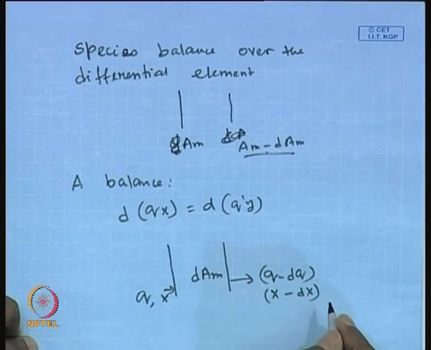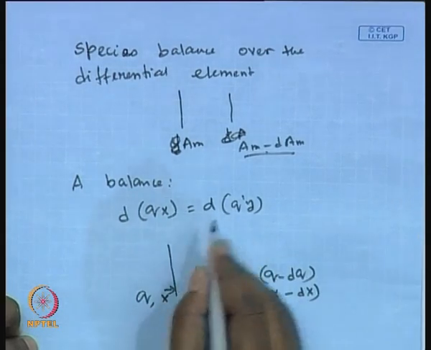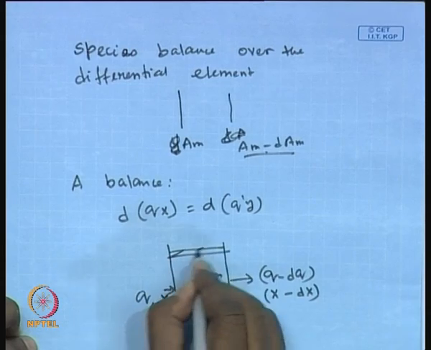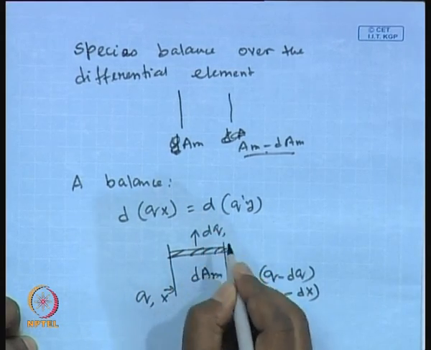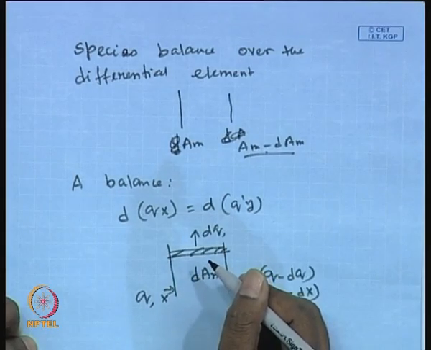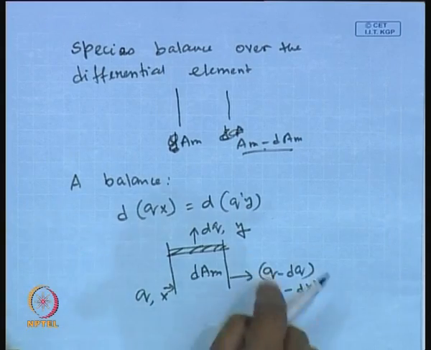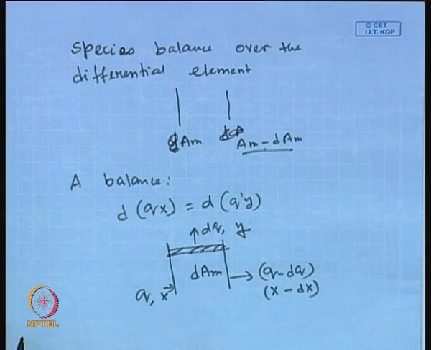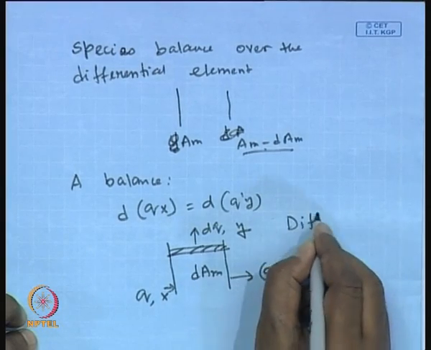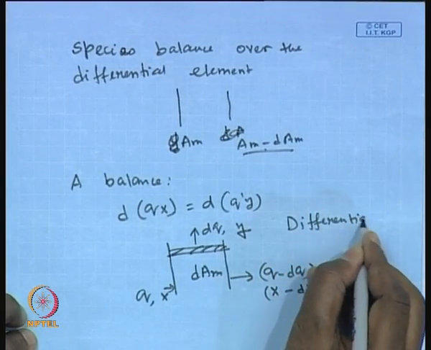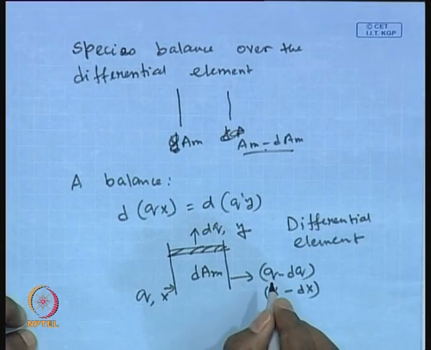So, x is the mole fraction of the component A. So, x minus dx will be going out, and let us say this is the differential element of the membrane, and dq is the gain in the flow rate in the permeate stream, and y is its composition. Okay. So, this will be the differential balance over the differential element, and this schematic gives the differential element with various streams.